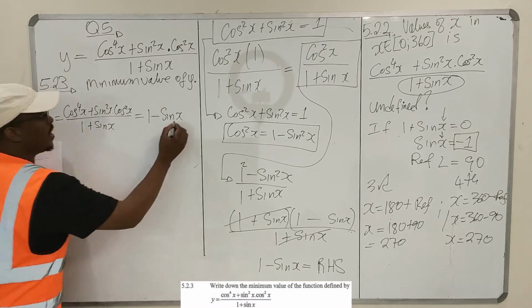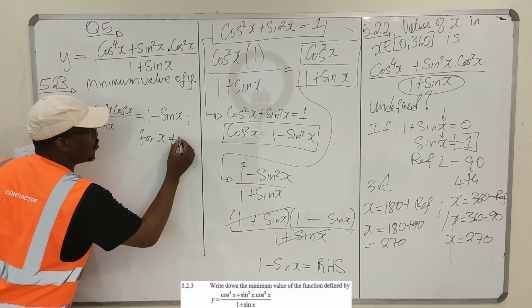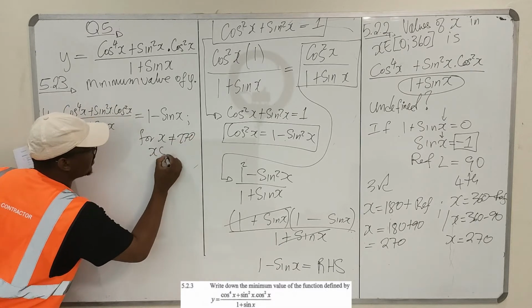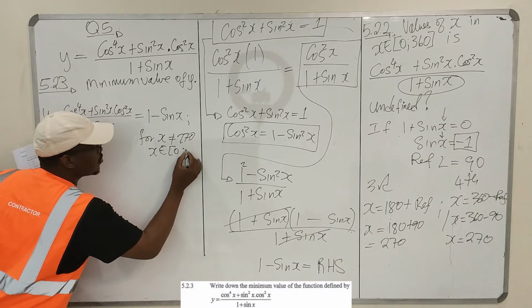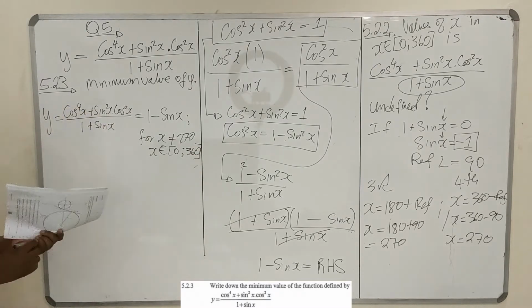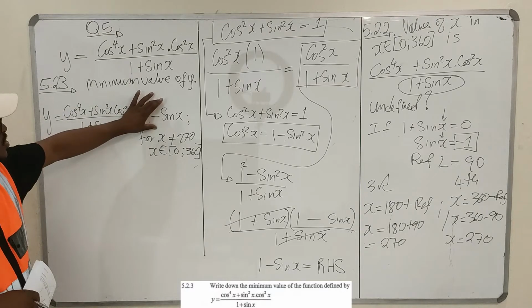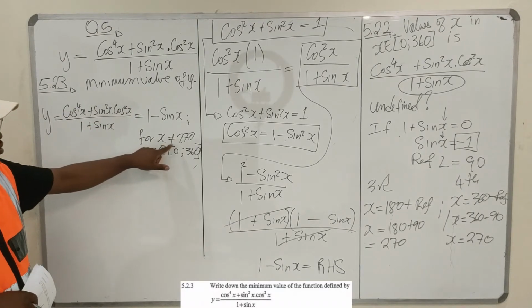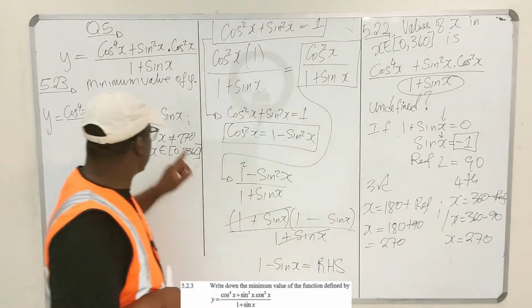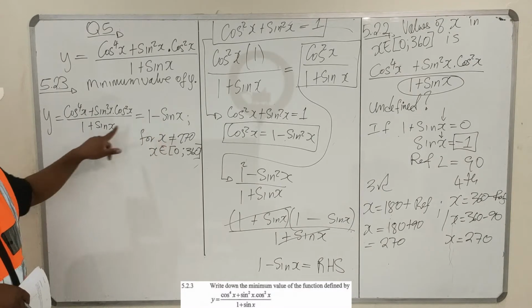because we proved it for where? For x not equal to 270 on the interval x from 0 to 360. So y, which is this, is equal to this one for x not equal to 270, because at x equal to 270, this one will be undefined.